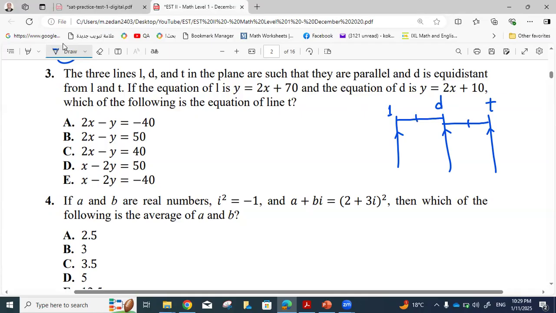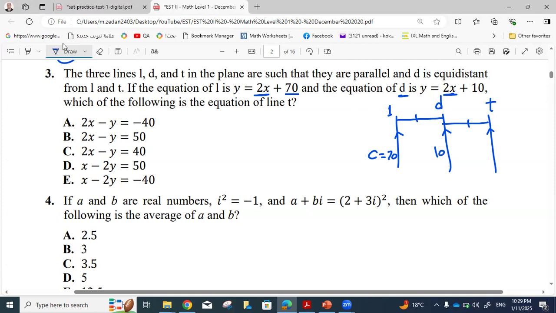You know parallel lines have the same slope. The slope here is 2, or the gradient is 2. The difference only will be the y-intercept. For line l, the y-intercept here is 70, as you see, this part. And for line d, the y-intercept is 10.